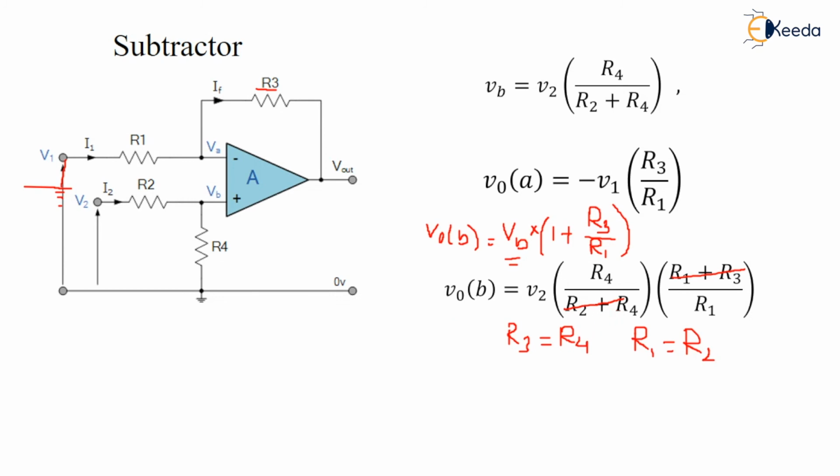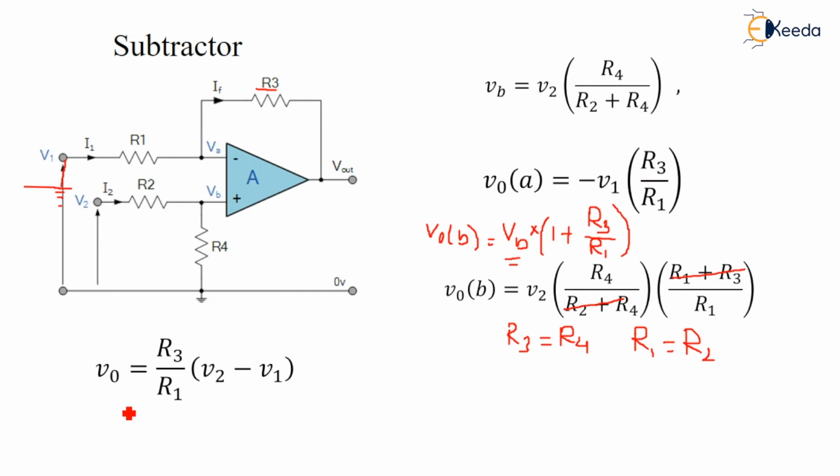We know that the amplifier output will be the difference of these two, VB minus VA. So instead of VB, I'll substitute V2 into R3 upon R1, and instead of VA, I'll substitute minus V1 R3 divided by R1.